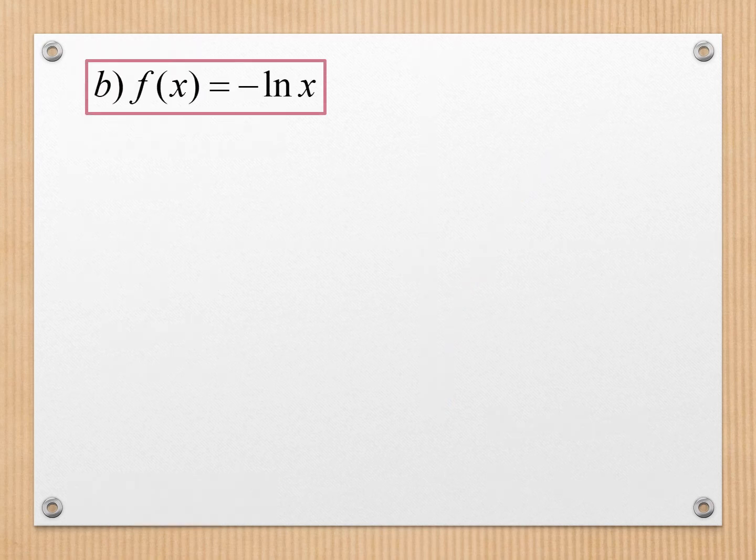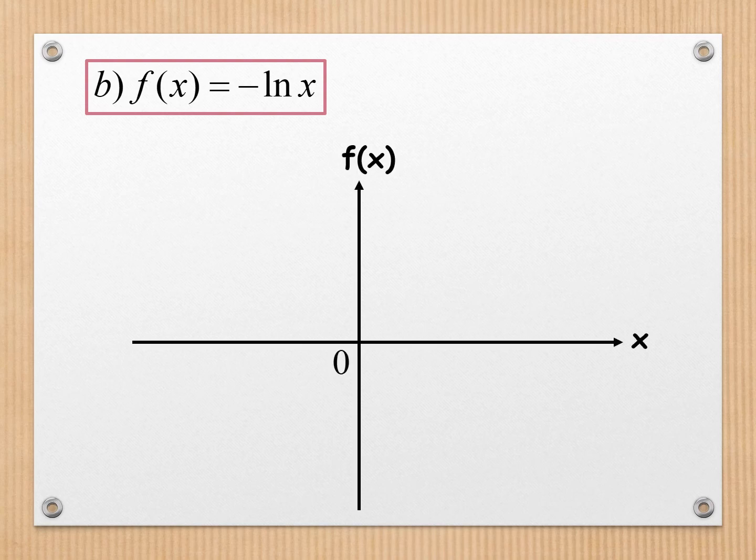Let's continue with solution B. f(x) equals negative ln x. First we find the domain. The domain is x more than 0. And then it has an x-intercept at x equals 1. With the negative in front of the logarithm, it means that the graph is moving down.